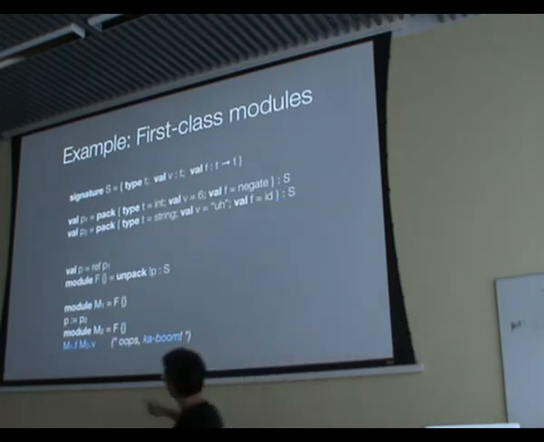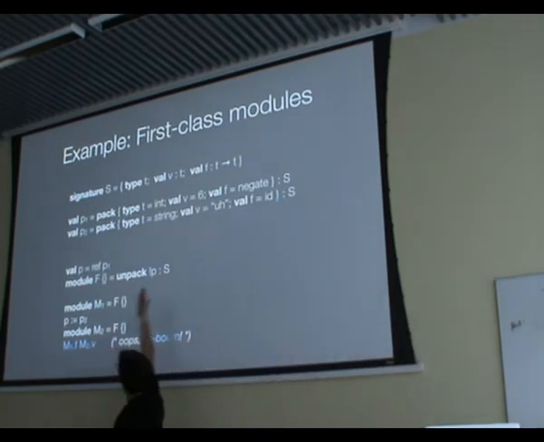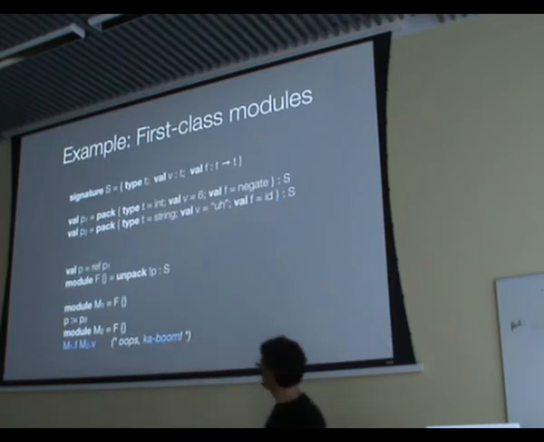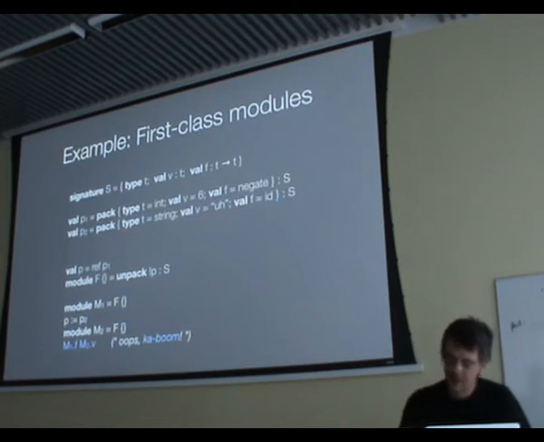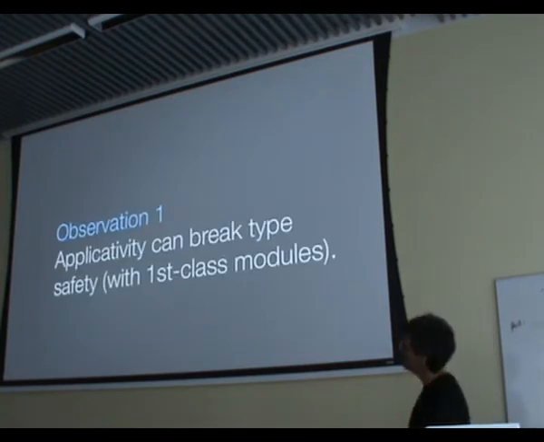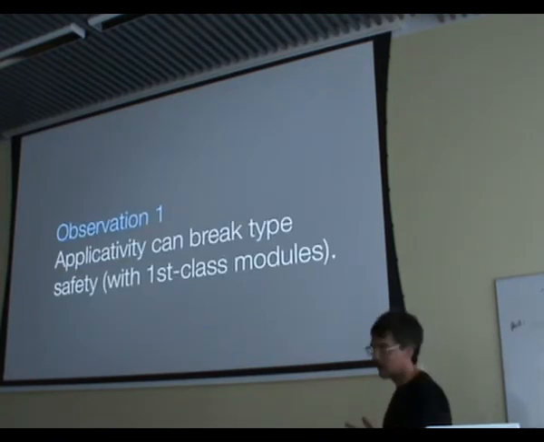Because I could then apply one function from one to the other. So this is a problem. Applicative semantics can break type safety.